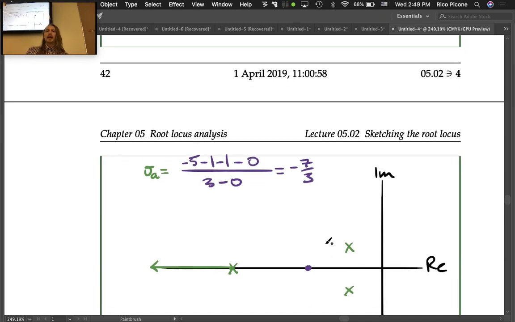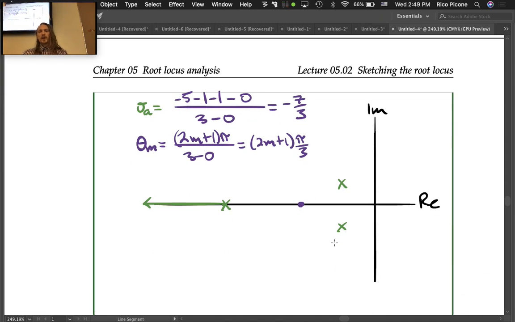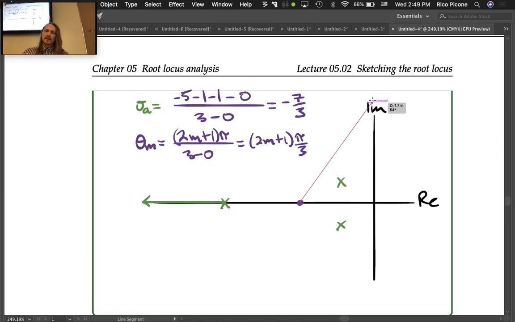Now we need to compute their angles. So the angles are theta m. They are (2m plus 1) pi divided by 3 minus 0, or (2m plus 1) pi over 3, where m is an integer. If we set m to 0, we get pi over 3, right? So pi over 3 is like 60 degrees.